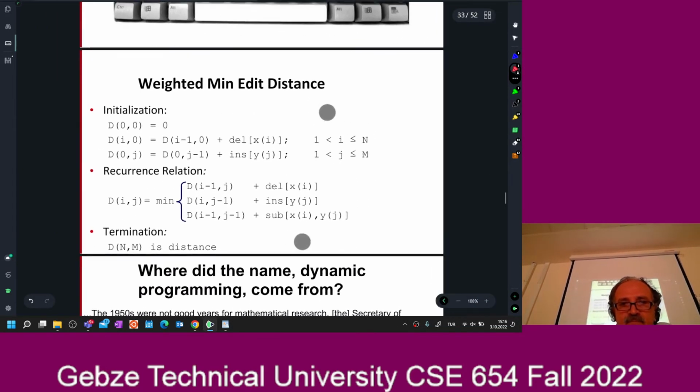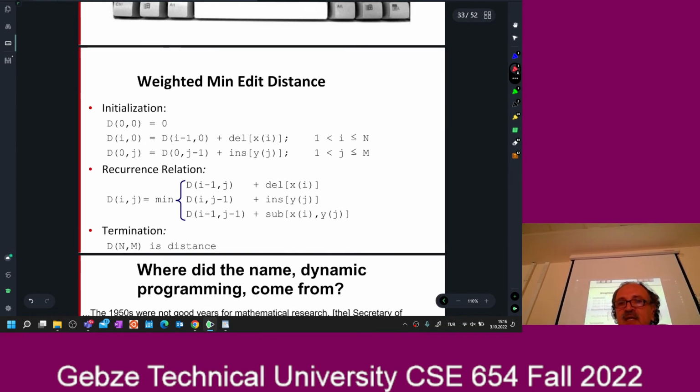So insertion cost, deletion cost, it is not 1 anymore. Remember our algorithm? It used to be 1, 1, or 2 or 0, right? Remember that one? Now it is 1, 1, and some other number. So if these two letters are the same, the substitution cost is 0. Otherwise, there will be a substitution cost.